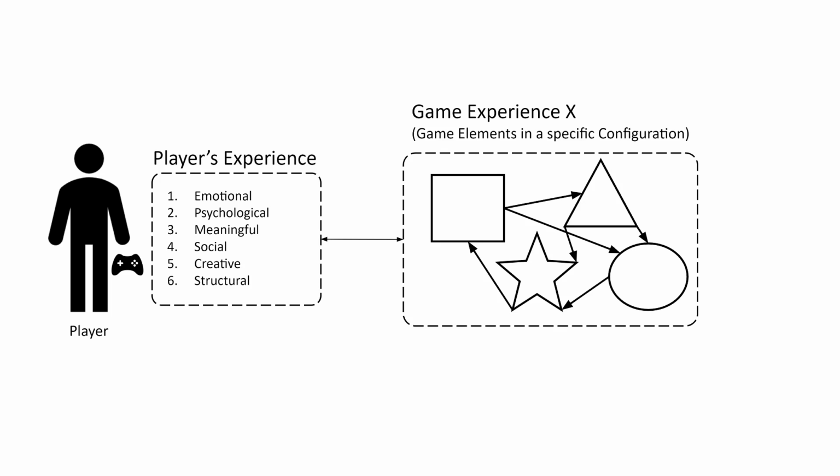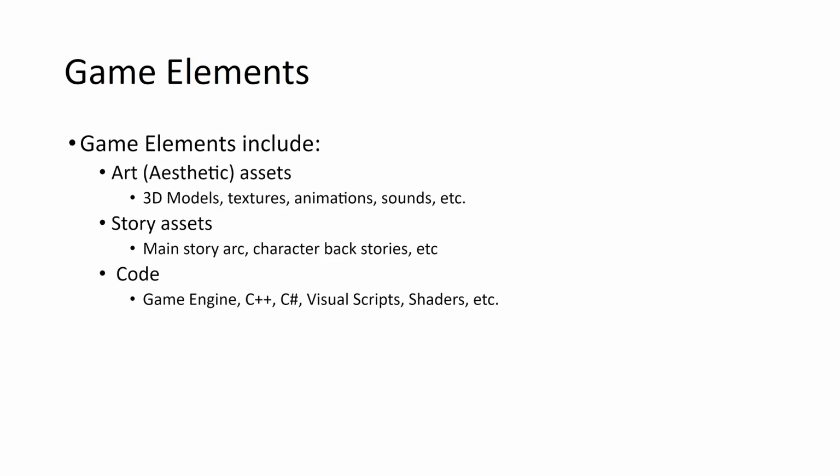So when we talk about the game experiences that create our player experiences, we're talking about the game elements in a specific configuration. So I've put a visual representation here, different elements there and their relationships with each other, creating a particular player experience.